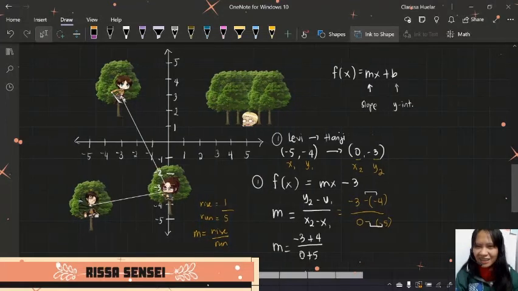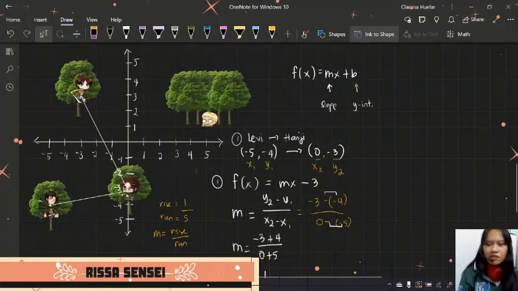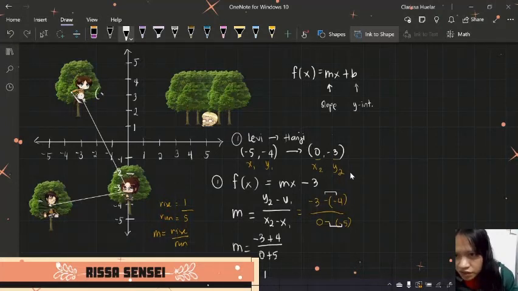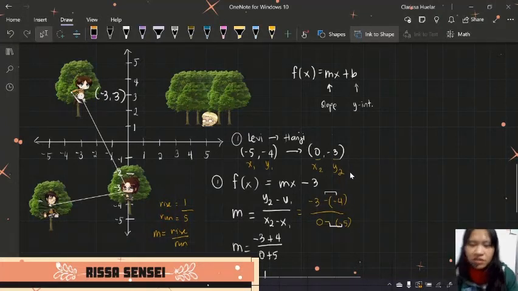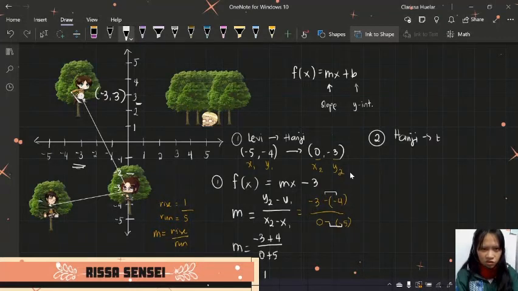Here we go, now we go to Erin. We already know that the coordinates of Hanji are 0, -3. Then on arriving at Erin, the coordinates here are -3, +3. -3 because that's the x, this one, and then the y is positive 3. Okay, so second is from Hanji going to Erin.